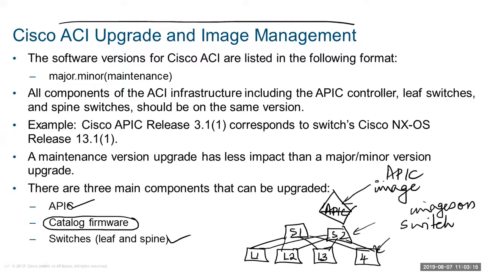Anyone heard the term catalog? Well, the catalog is basically the one which tells the APIC what type of switches, the model of switches, the versions of the software, the hardware, the diagnostic utilities available for these pieces of hardware.